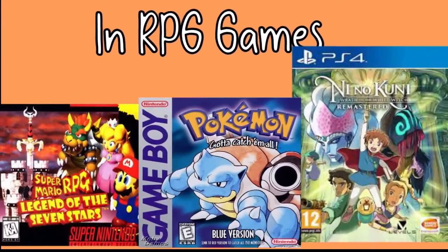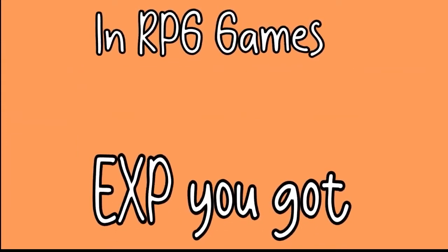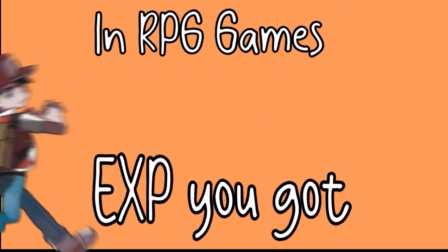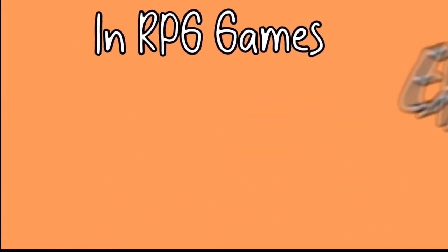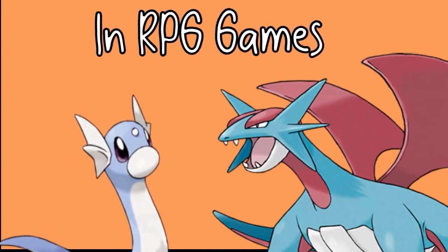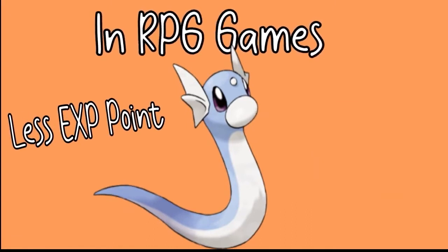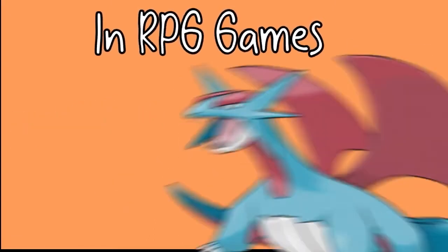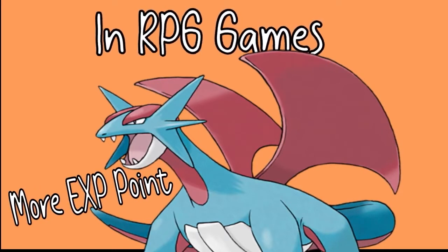For example, in RPGs, a level up is decided by how much EXP, aka experience points, we as a player need to level up. And these experience points are decided by which Pokemon we are fighting. If a Pokemon is lower leveled and not fully evolved, we get fewer experience points. If this Pokemon is higher leveled and completely evolved, we get more experience points.